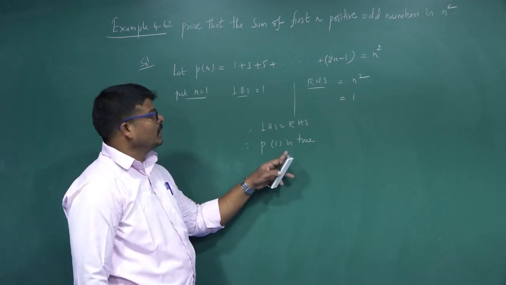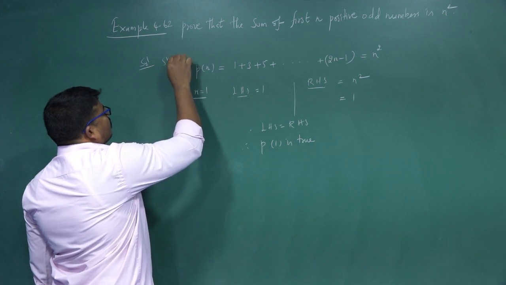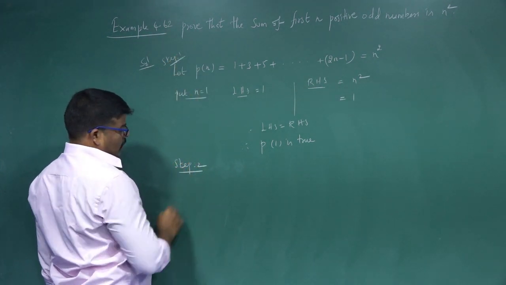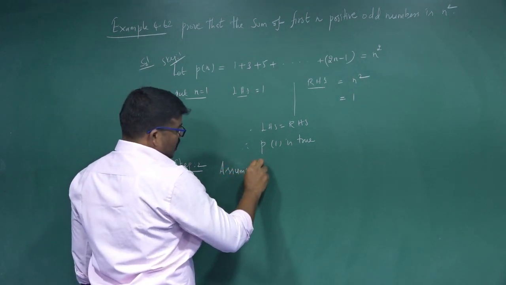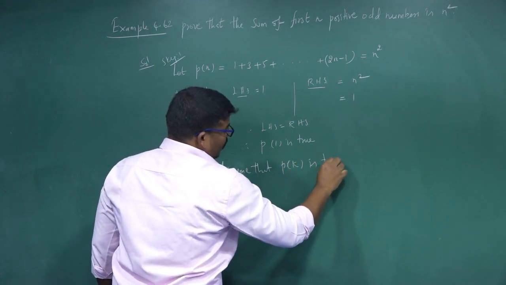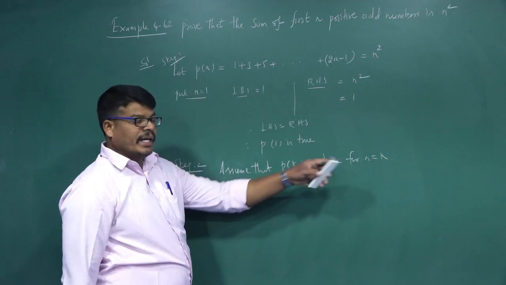First step is over. Now step 2: assume that P of k is true for n equal to k.